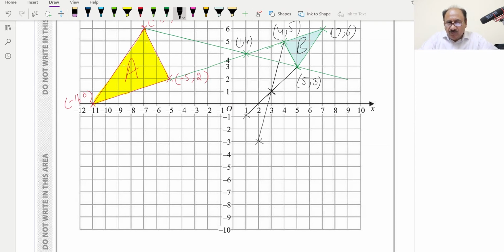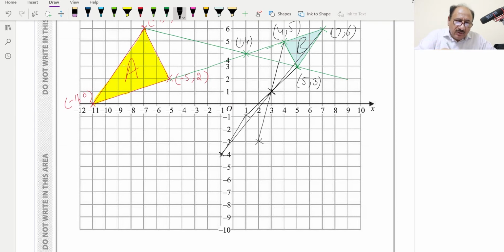This point will be 180-degree on this side, and the third point we can shift over here. So this one will be the third point which we can indicate, and if you want we can join these two also. So our triangle will be basically, this one will be our triangle.